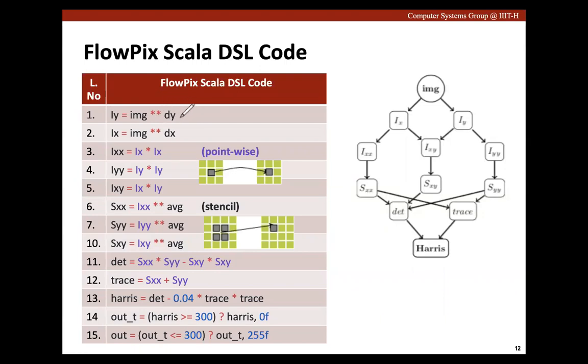So dy is a stencil, and we obtain the image Iy by applying the stencil dy on whatever object is held by this image variable. Similarly, we get Ix by applying the dx stencil on img, and then Ixx is equal to Ix times Ix, and so on and so forth.